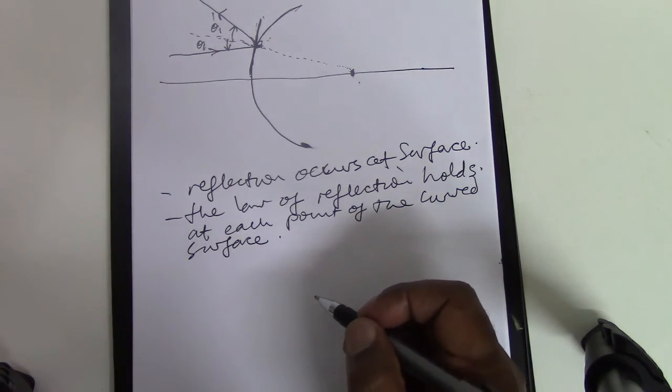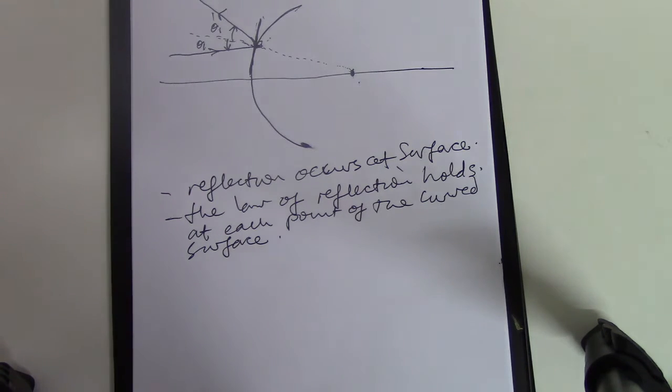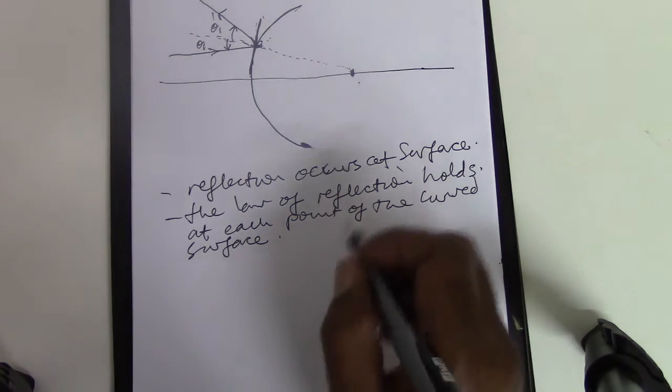You can always draw a surface tangent and erect a normal at that point on the surface where the light is incident, as we have just shown in the diagram. You can always do that. This you can also do with the concave.